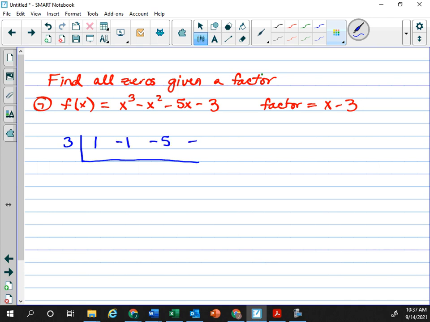So if you don't get 0, what do you think that means? But it is a factor, so yeah, it means you messed up. Go back, try again. Okay, so let's see if we get 0. 3, 2, 6, 1, 3. Okay, good. I got 0. So I got x squared plus 2x plus 1.